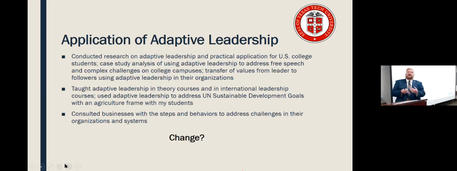And so when we start talking about changing, we use the expression in my family that we rock the boat, meaning that we're not smooth sailing, that we're taking on troubled waters and taking on some hard challenges.